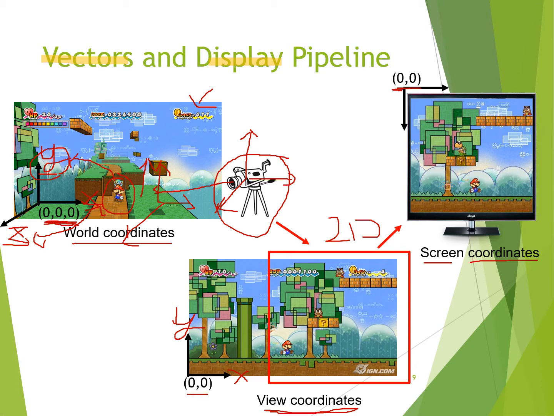The coordinate origin starts from here, and then we turn it into your screen, depending on whether it's a mobile display, a PC game monitor display, or a TV display. So you change the screen coordinate.